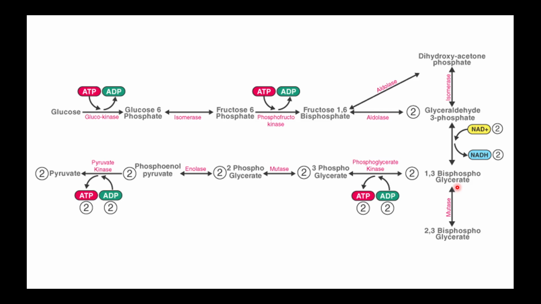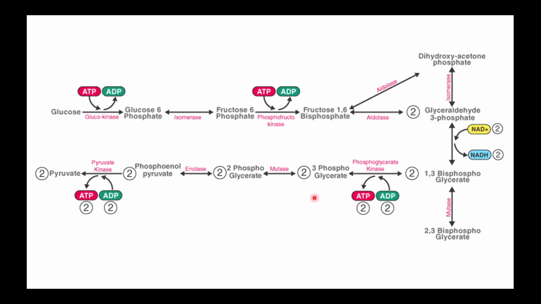Since there are two molecules, there will be two ADPs taking two phosphate groups to form two ATPs. So in this step, two ATPs are forming. The same thing is happening in the last step. There are two molecules of phosphoenol pyruvate. They can give two phosphate groups to two molecules of ADP, and two ATPs will be forming here.